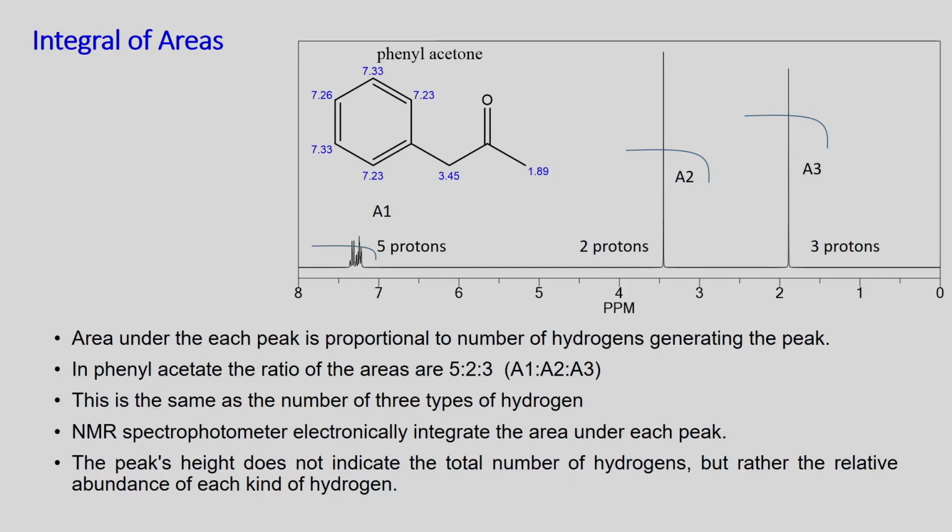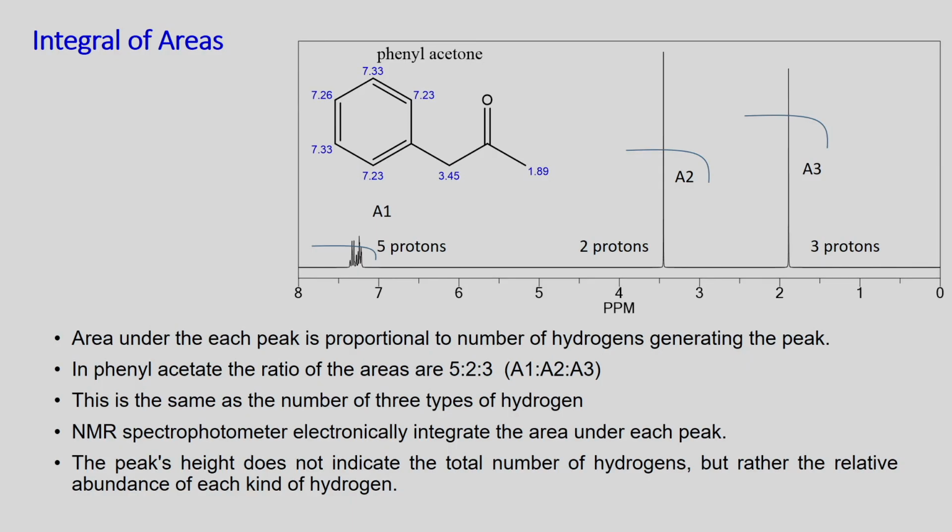Now you see one important aspect of NMR spectroscopy is that you have software with which you can integrate these peaks. By definition, the integral area of the peaks of different sets of nuclei will be in proportion to each other in the way they are present in the molecule. So what does it mean?